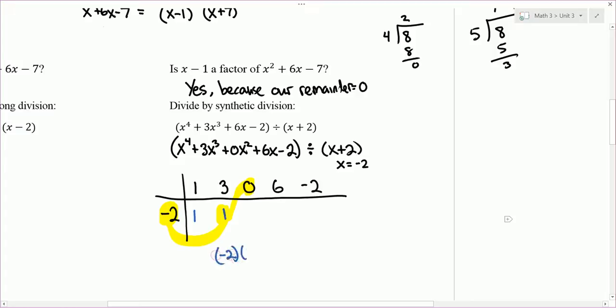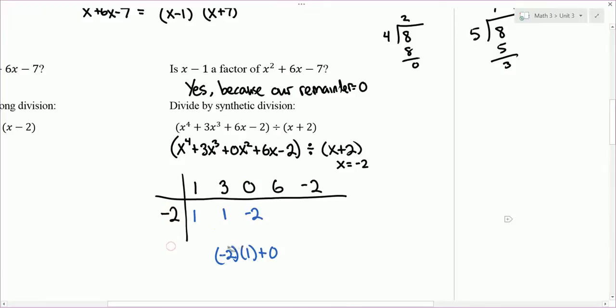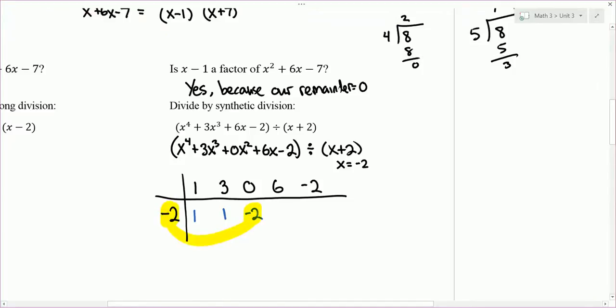Negative 2 times 1 plus 0 is negative 2. Do this again: negative 2 times negative 2 plus 6. Negative 2 times negative 2 is positive 4, plus 6 gives you 10.